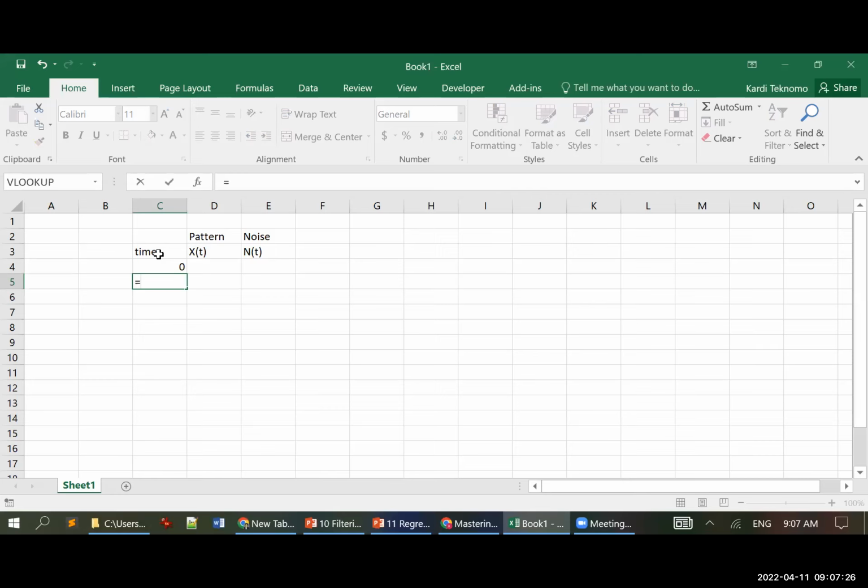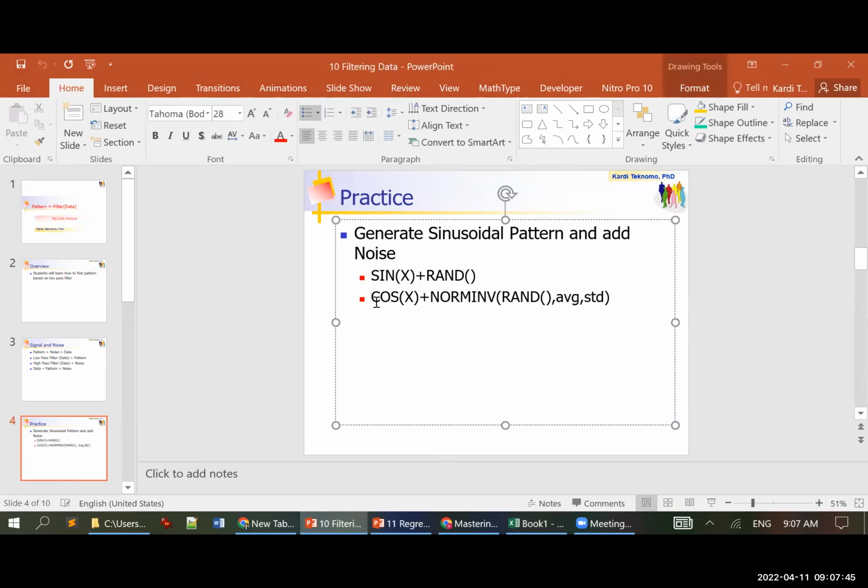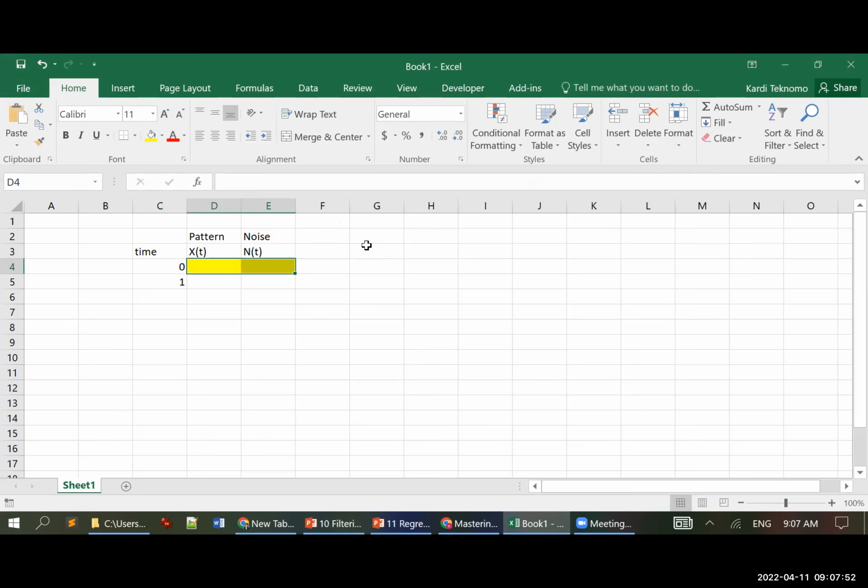The time I will just add with 1. This is the beginning, so I will create, for example, cos x plus norm inverse.